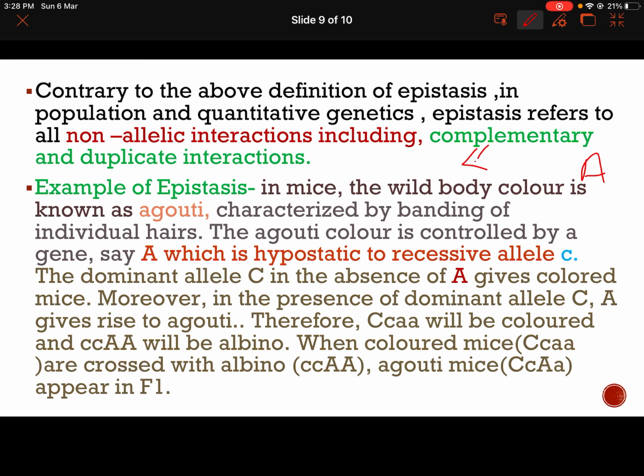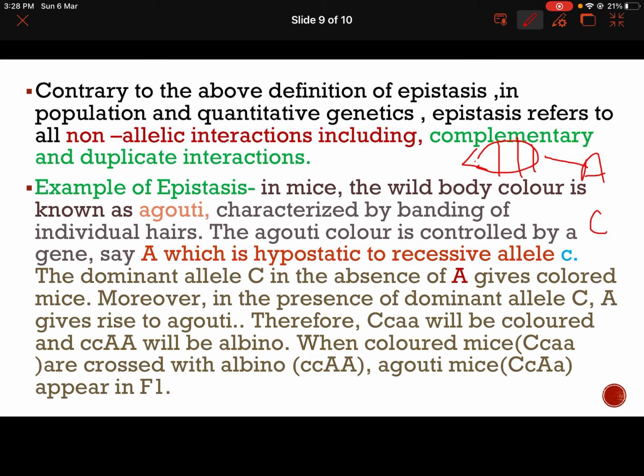These mice will have banding of individual hairs, striped hair on the body. The agouti color is controlled by a gene, say A, and it is hypostatic to the recessive allele c.